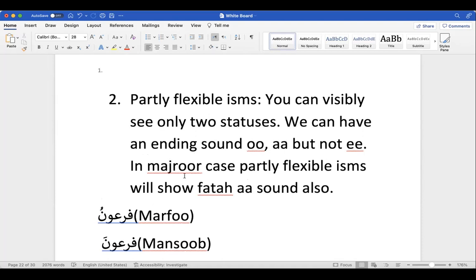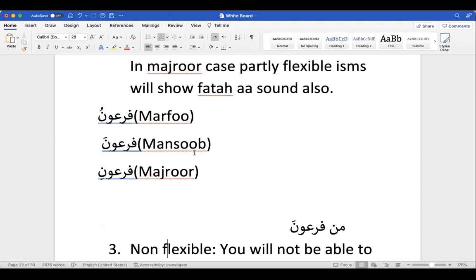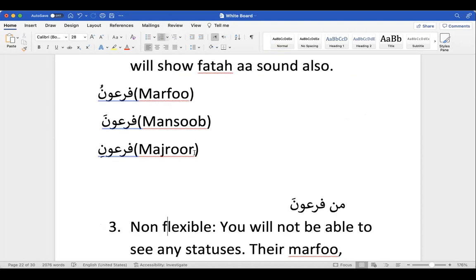In case of majroor, it will also have the A sound like mansub, but it will be majroor. If a harf jar comes before it, it will make it majroor, but the sound will not be E. So in short, the kasra sound will be missing in partly flexible isms. I have given you examples. What the partly flexible ones are, inshallah I will tell you again.